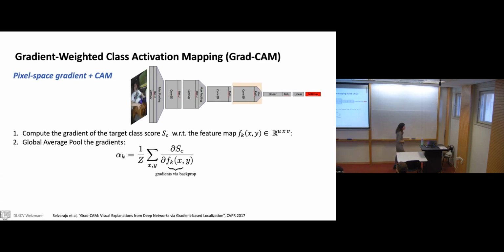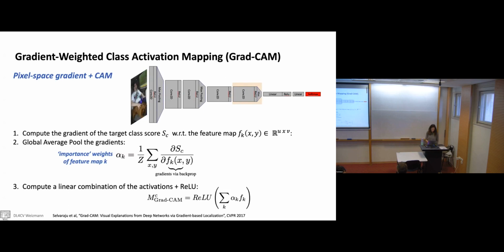We're going to take the gradient and average it over all spatial locations. So this alpha k acts as an importance weight for each feature map. If the gradients were really high, it means that this feature map was really important for the classification result, right?